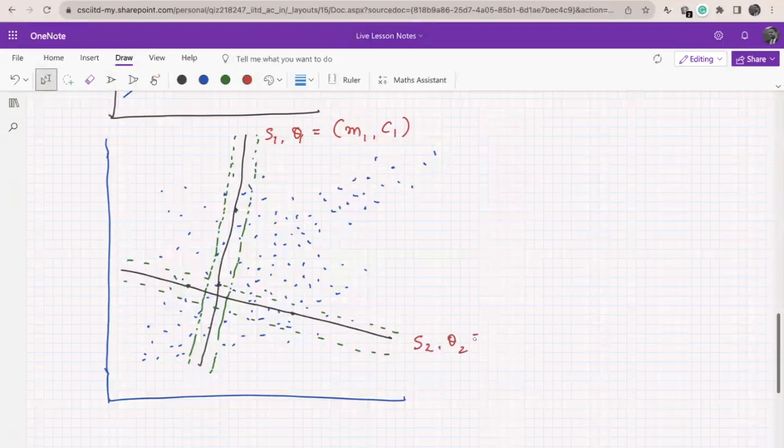Theta 2 are the parameters, which are again m2 and c2.